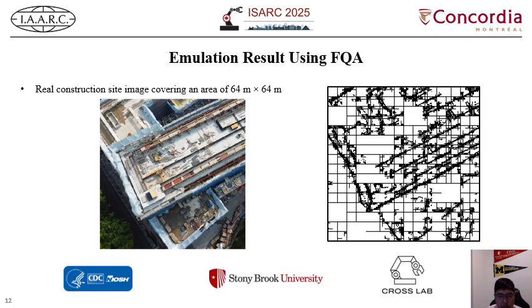For the evaluation, we use drone images from real construction sites. The images cover an area of 64 by 64 meters. And here is an example of one of the drone videos we used to evaluate.